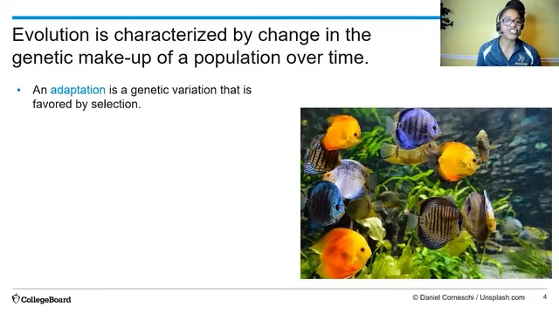We're talking about a genetic variation that is favored by selection. What we mean by that is some sort of trait that provides an advantage to the organism in that specific environment. If that trait does not provide an advantage, we really wouldn't call it an adaptation. It's a trait, but an adaptation has to have a selective advantage.